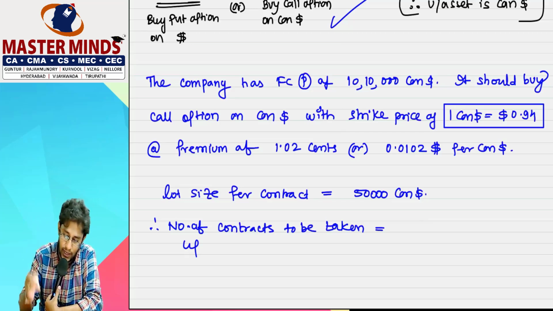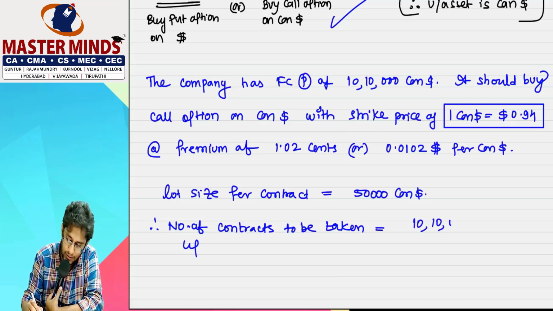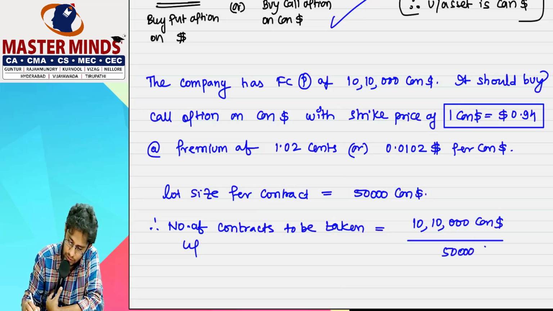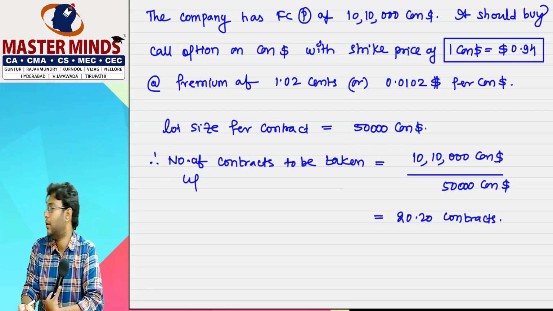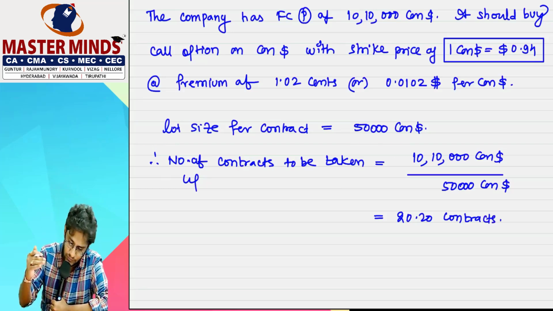I have to hedge 10 lakh 10,000 CAN dollars. So 10 lakh 10,000 CAN dollars divided by 50,000 CAN dollars. So that will be 20.20 contracts. So 20.20.